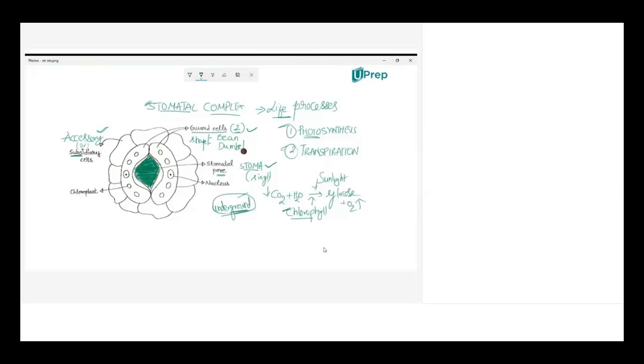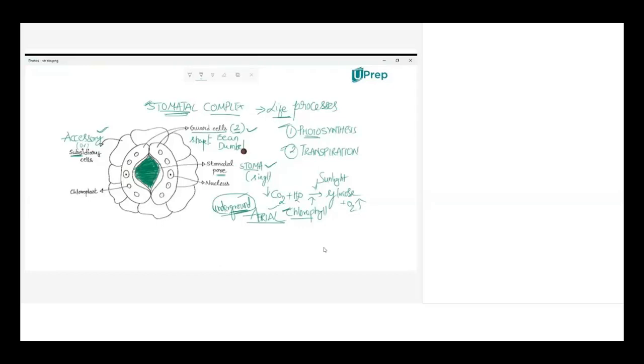Here, the taking in of carbon dioxide and releasing of oxygen in the photosynthesis process, and loss of water from the plant, also happens through the stomatal complex only.